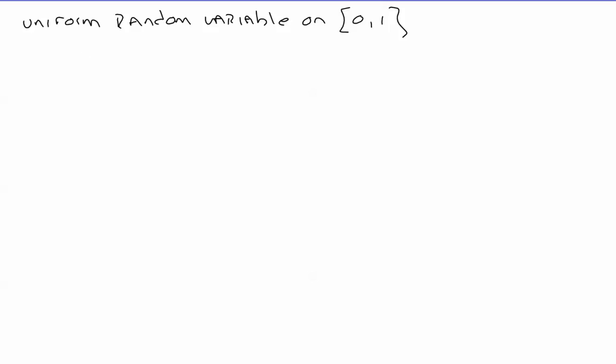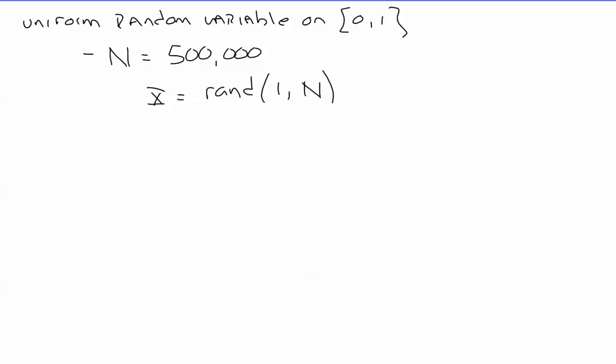I'm going to assume that I have n of 500,000 points, and I'm going to go into MATLAB and use x equals rand(1, n). Rand is the uniform random number generator function in MATLAB.